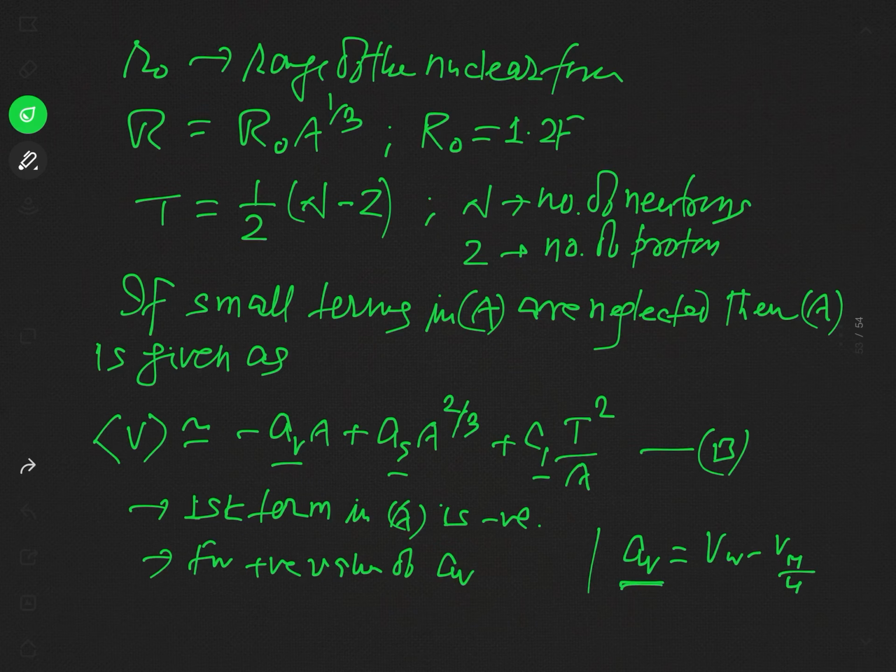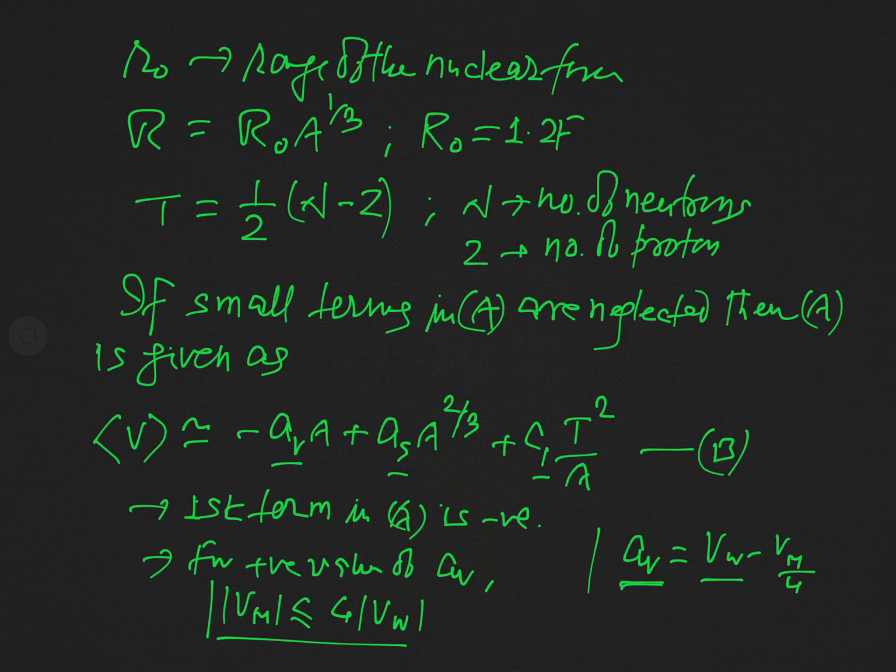So this AB will be positive only when VW is greater than Vm by 4, or you can say Vm by 4 is less than VW. So for a positive value of AB, what will be the necessary condition? As these potentials are negative, we write the condition in this form: modulus of Vm is less than or equal to 4 into modulus of VW.